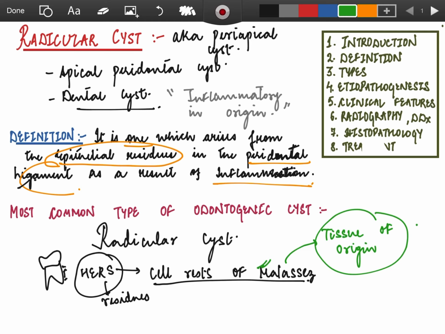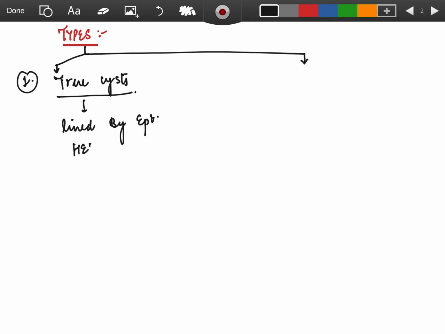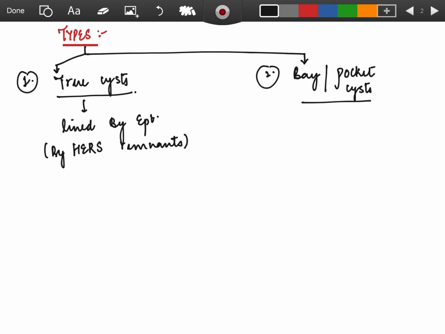We have two types of radicular cyst. First is the true cyst, which is lined by epithelium formed by the Hertwig remnants or the cell rests of Malassez. The second type is called a bay cyst or the pocket periapical cyst.